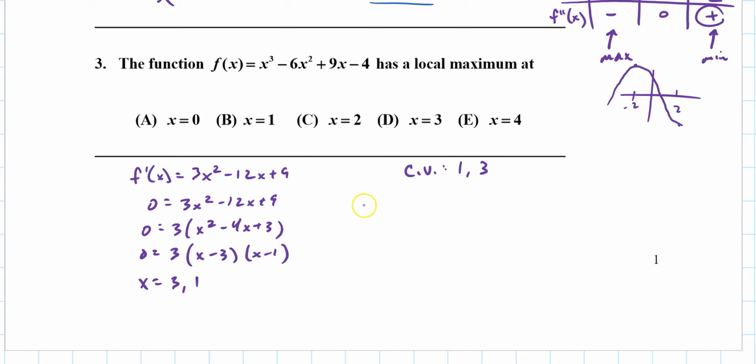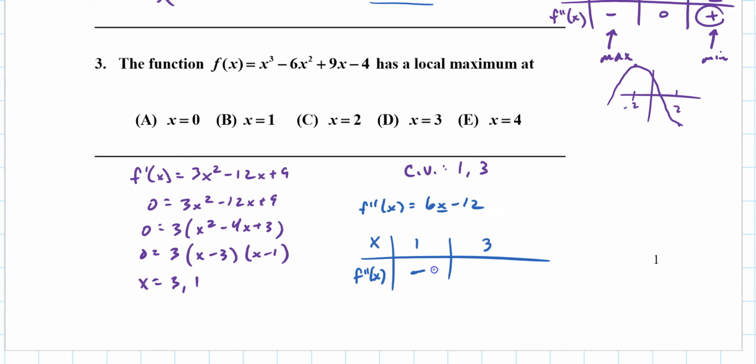And since we're finding a max, I could use the first derivative test right now. Or I'm going to go ahead and take the second derivative. And I get 6x minus 12. And once again, I can apply my second derivative test. I'm going to check the values at 1 and the value at 3. So at 1, when I plug 1 in for x, I have 6 times 1, which is 6, minus 12, which is negative.